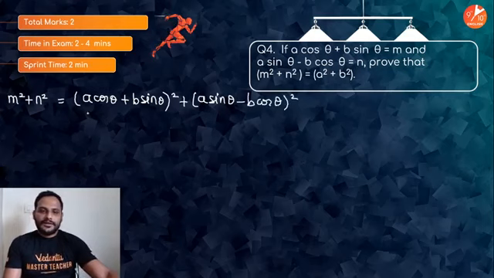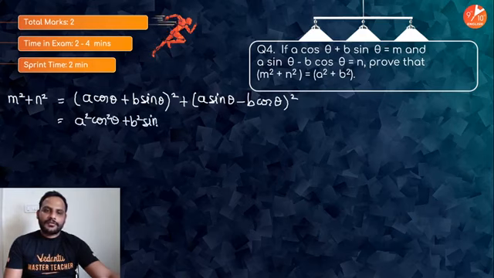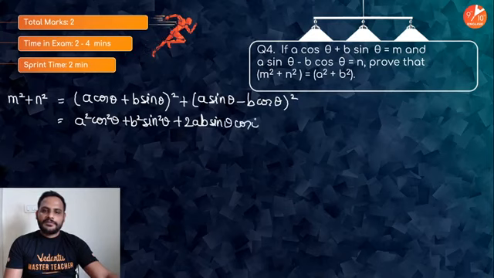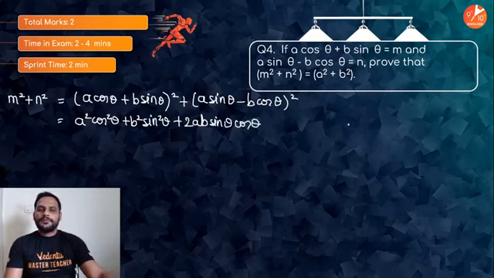All right. So now it should become what? It will become A square cos square theta plus B square sin square theta plus 2AB sin theta cos theta. Like (A plus B) whole square is A square plus B square plus 2AB.